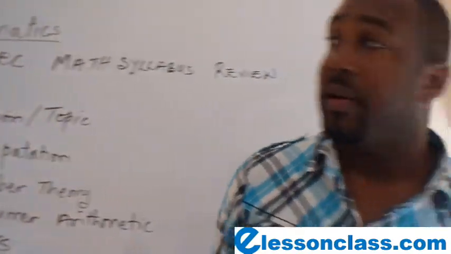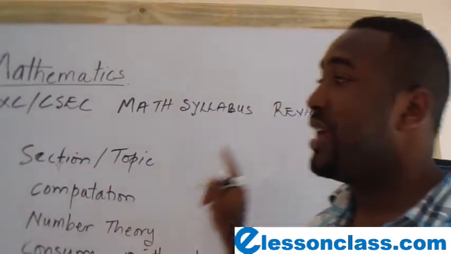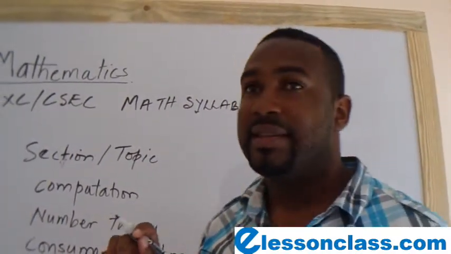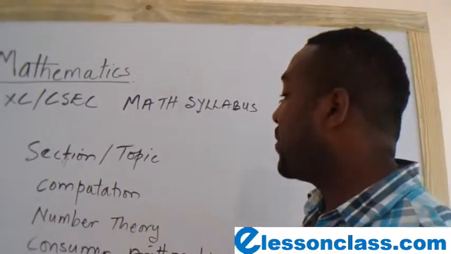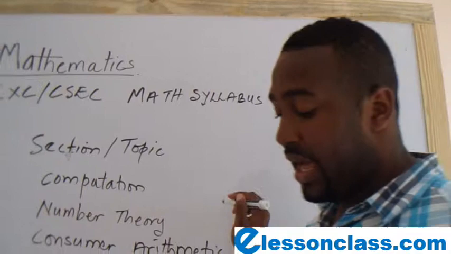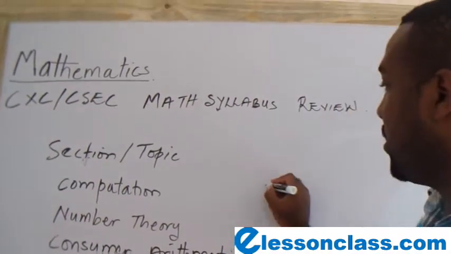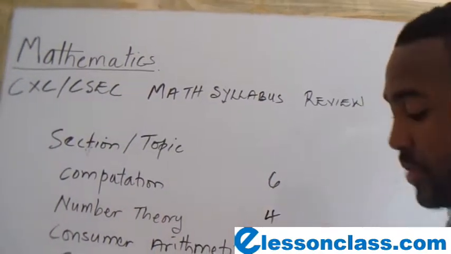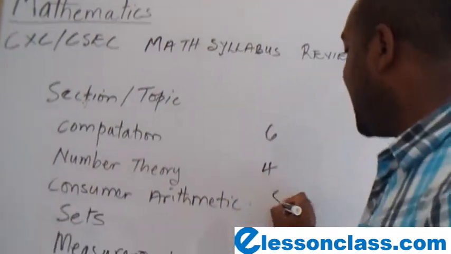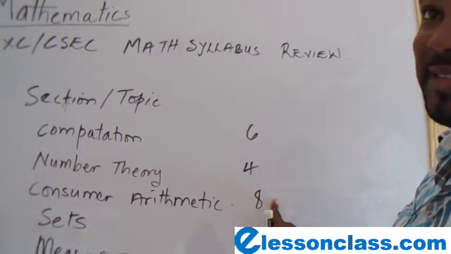Now on that paper, from computation there are 6 questions. From number theory we have 4 questions. Let me just make a note here. So we have 6 questions from computation, 4 from number theory, 8 from consumer arithmetic, showing you that consumer arithmetic is very important.